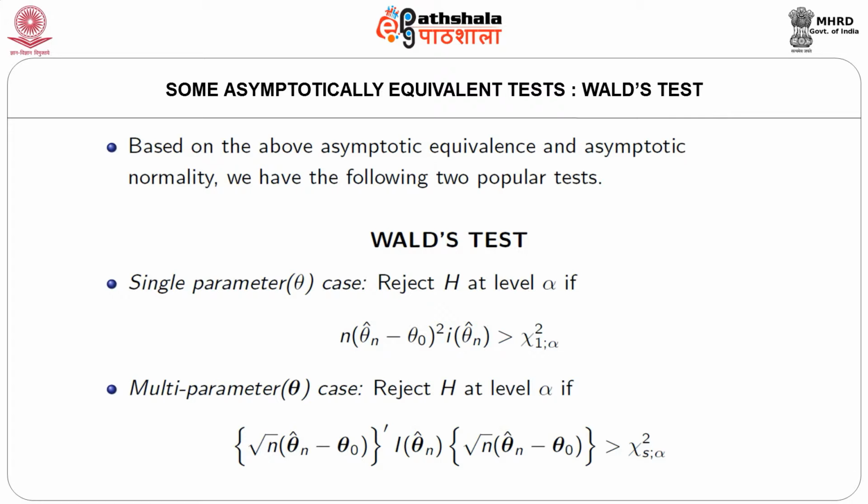Here theta is a real valued parameter, and we will reject the null hypothesis H, which says that theta equal to theta naught, at level alpha if n times theta n hat minus theta naught square times I theta n hat is greater than chi square 1 alpha, where chi square 1 alpha denotes upper 100 into alpha percent point of a chi square distribution with 1 degree of freedom.